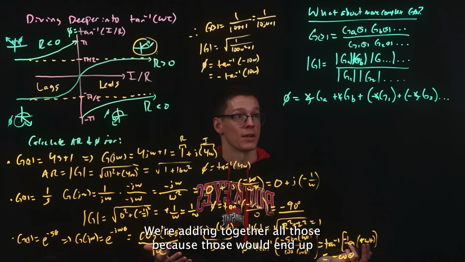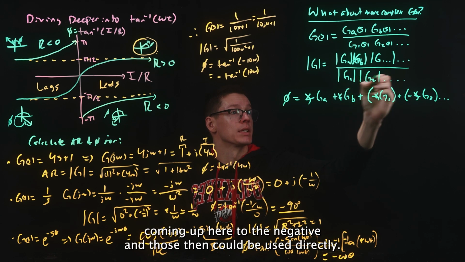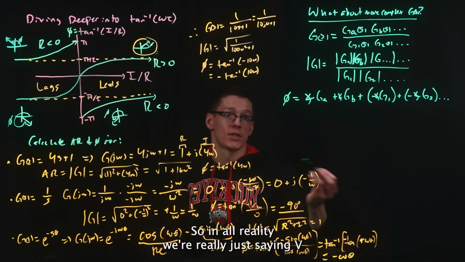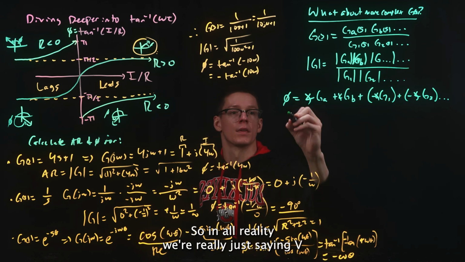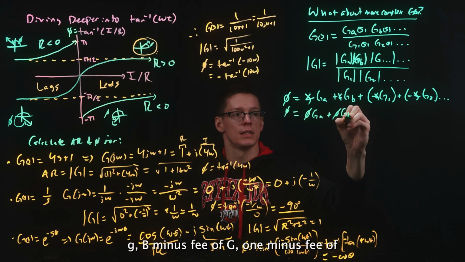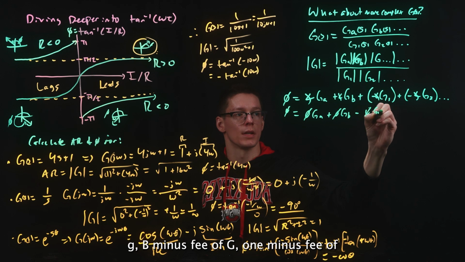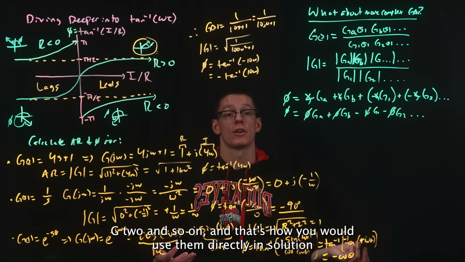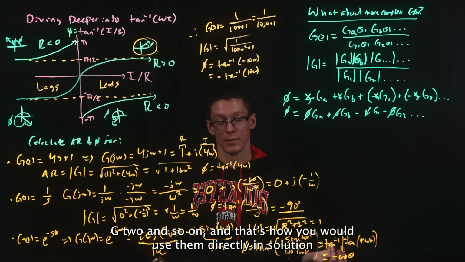We're adding together all those because those would end up becoming up here to the negative, and those then could be used directly. So in all reality, we're really just saying phi is equal to the phi of GA plus phi of GB minus phi of G1 minus phi of G2 and so on. And that's how you would use them directly in solution.